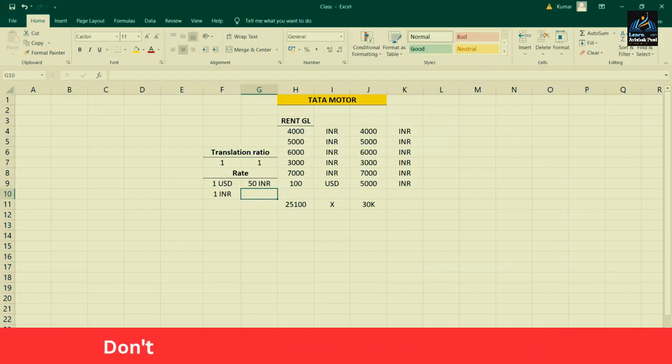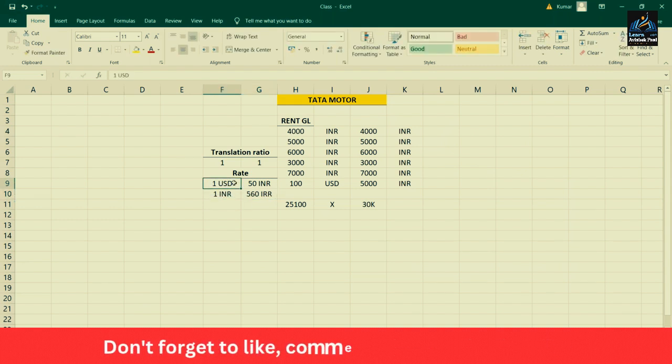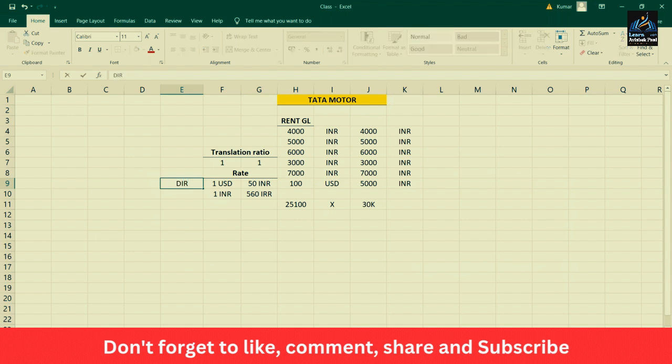I'll make it a round figure, 560 IRR. So look at here, 1 unit of foreign currency versus the total units of your local currency. This is the example of direct quotation.